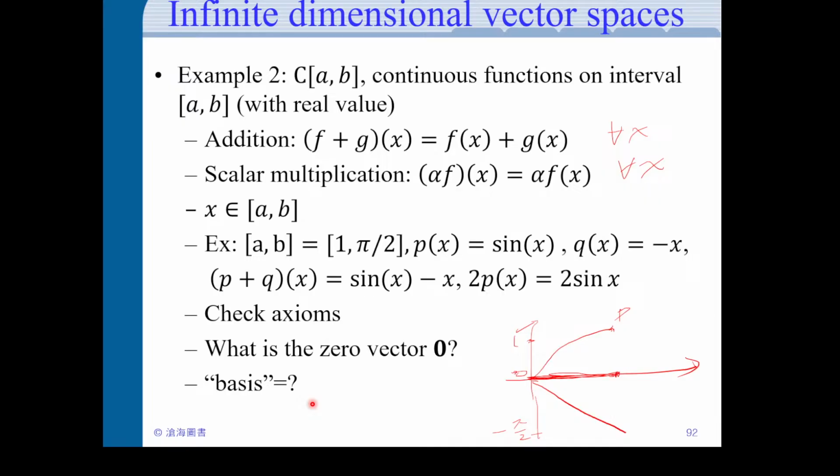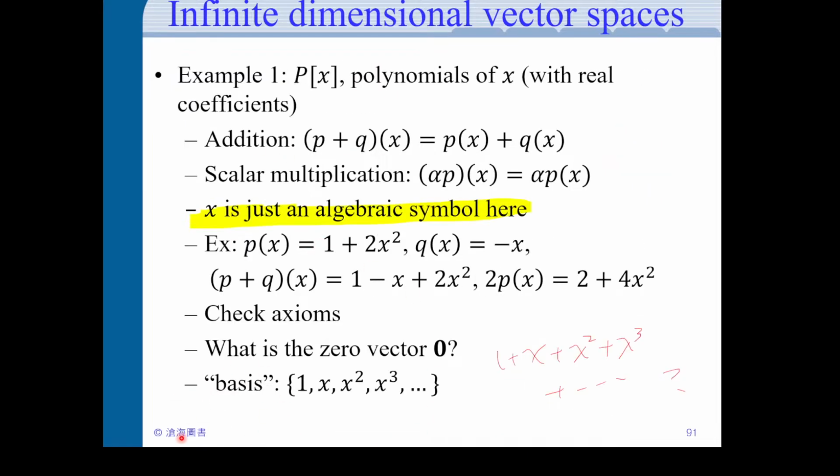And finally, there is also a concept of basis for this vector space, and now the basis is an even more complicated concept. You cannot really even find a clear basis for this vector space. In the polynomial space, the basis is countably infinite, so you can kind of count the basis elements.